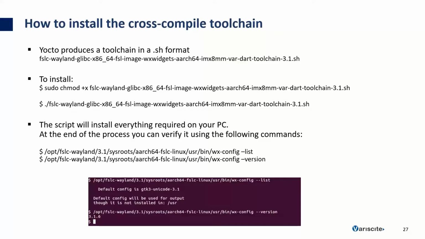The script will install the application in a default path, and you can check that everything is actually set up by running this command that will provide details about the wxWidgets configuration. wxWidgets for Linux at least is based on GTK3, and GTK3 for Linux currently is based on Wayland. This is the full path of dependencies.